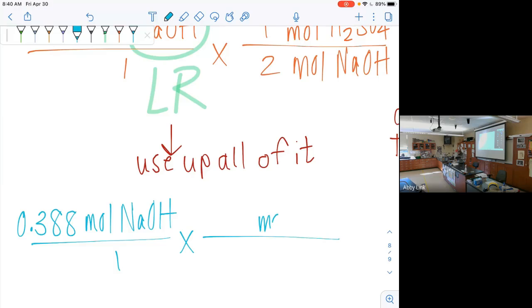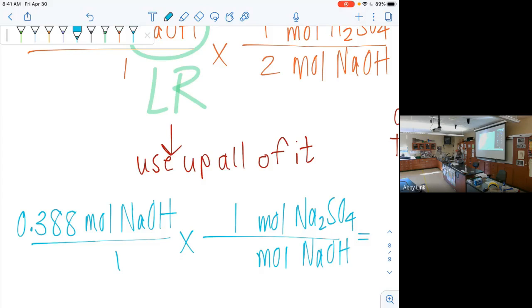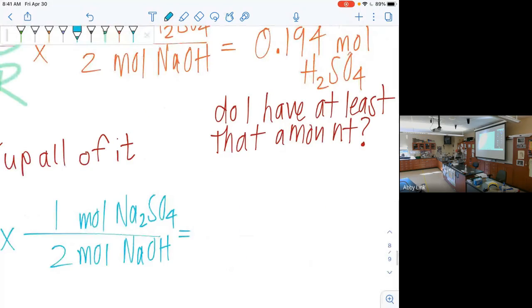How many moles of Na2SO4 will it produce? We can do that with a mole over mole ratio here. Na2SO4 has a coefficient of 1, NaOH has a coefficient of 2. So we end up with 0.194 again moles of Na2SO4.